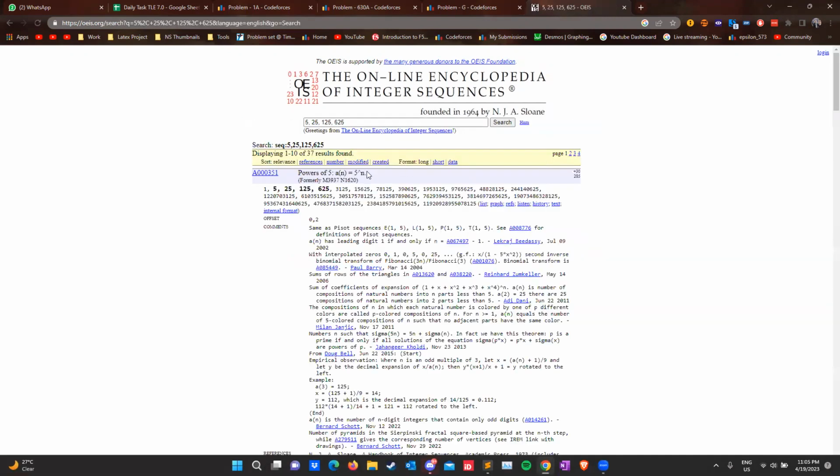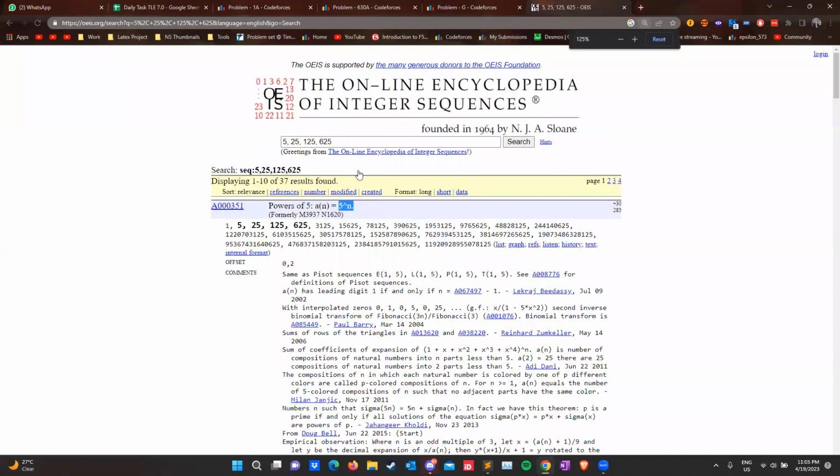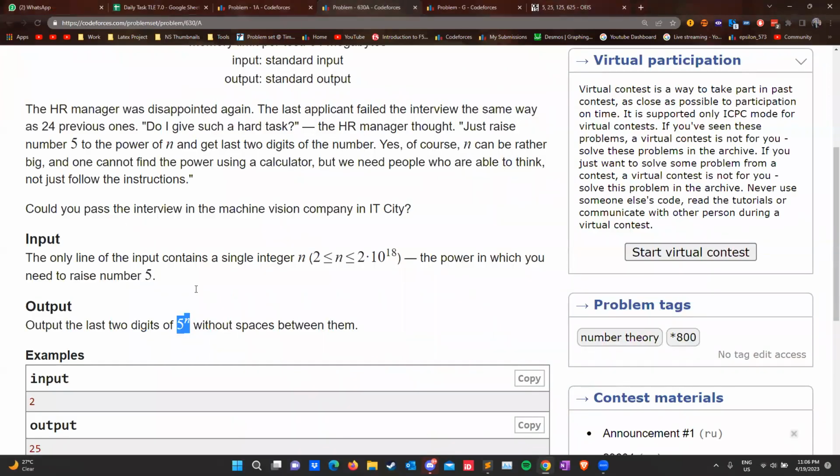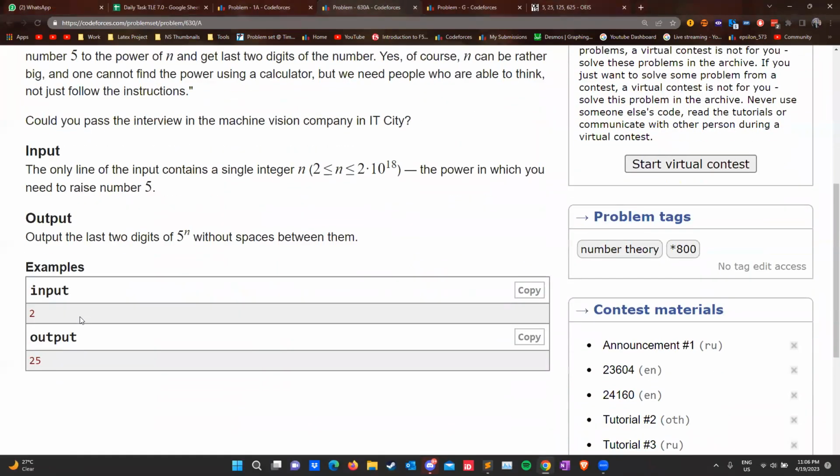If you look at the expression for 5 to the power n, you can see that every 5 to the power n ends in 25. 625, 3125, 25, 25, 25. So any 5 to the power something will always end in 25. You don't need to look for anything here. The answer will always be 25. So just print 25 and that's it.